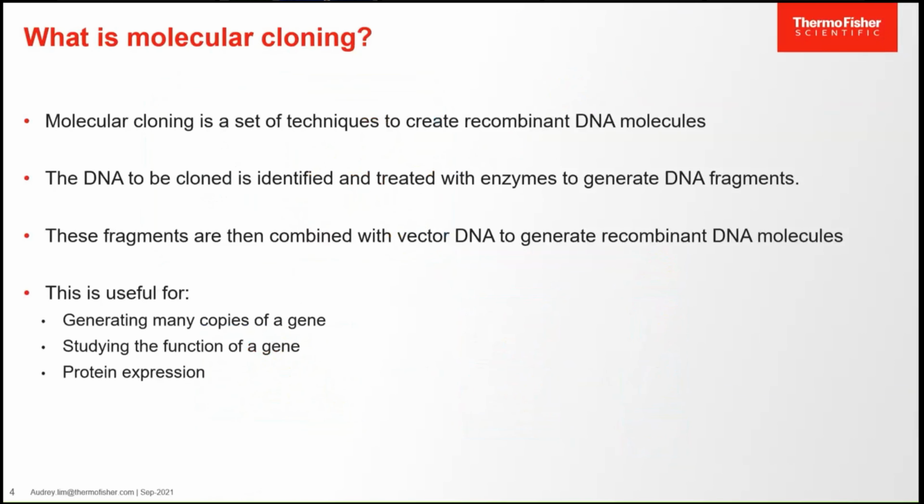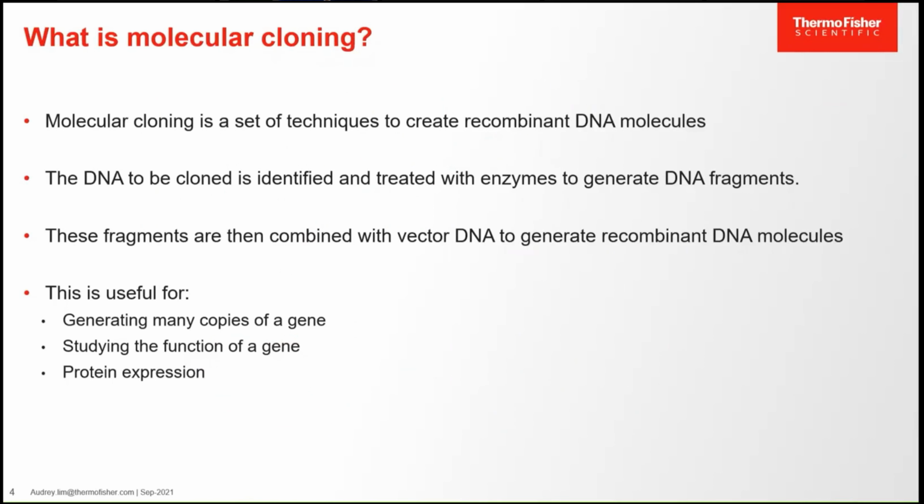Okay, so again, molecular cloning is a set of techniques to create recombinant DNA molecules, or what we call recombinant plasmids, which are simple molecules where you insert a piece or pieces of DNA containing the gene of interest into a DNA vector.